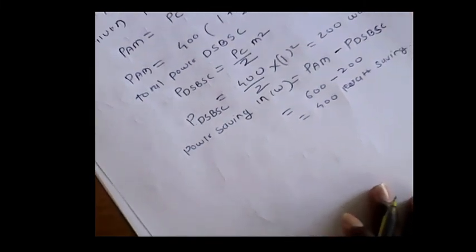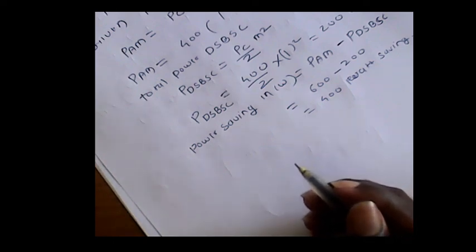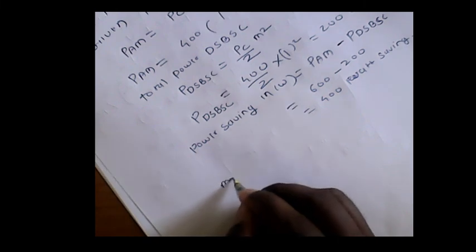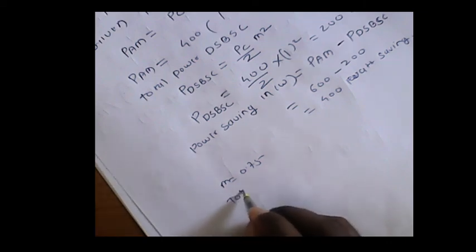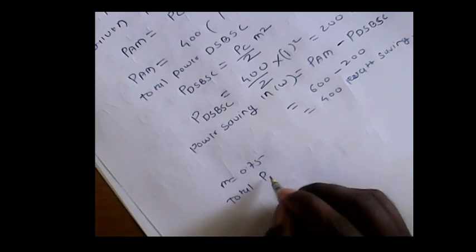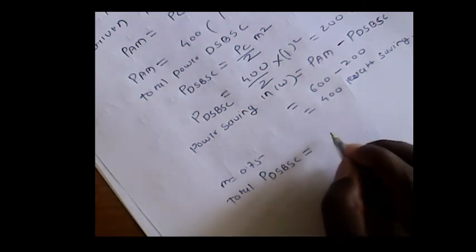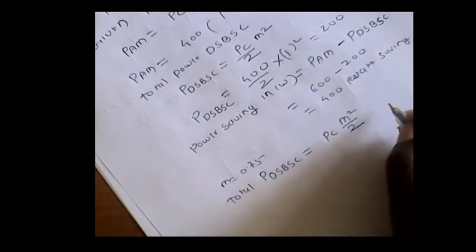Now second, what is the power required if the modulation index is changed, when m is equal to 0.75? That time the total power required to transmit the double sideband suppressed carrier is Pc into m square divided by 2.